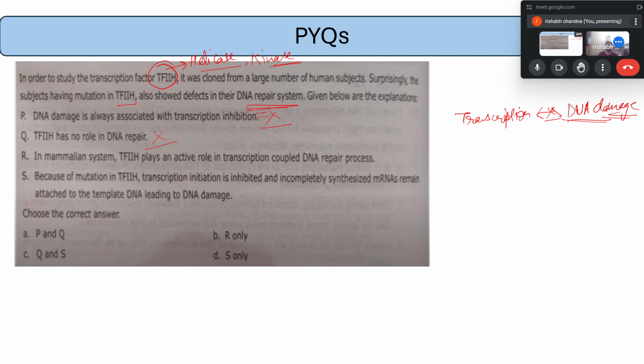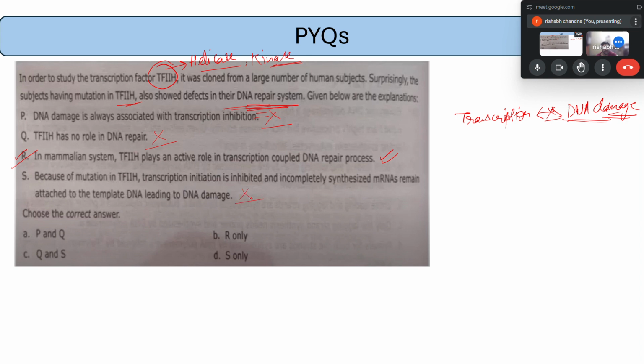In the mammalian system, TF2H plays an active role in the transcription coupled DNA repair process. Yes, this can be the case because, as the statement suggests, TF2H mutation shows defects in the DNA repair system also. So R can be the correct answer. Because of mutation in TF2H, transcription initiation is inhibited and incompletely synthesized mRNAs remain attached to the template DNA, leading to DNA damage.